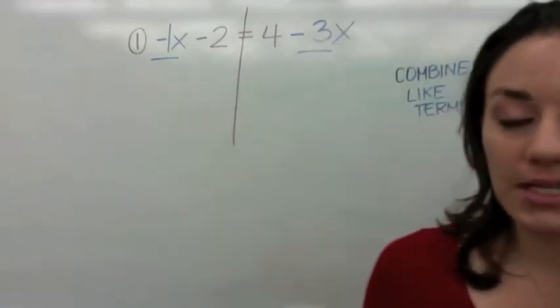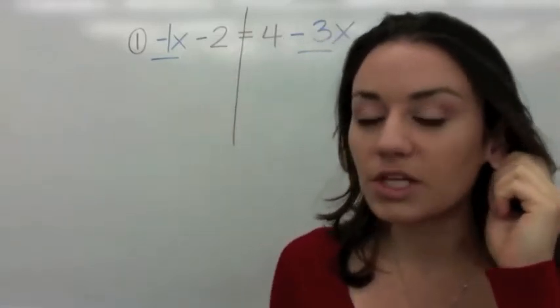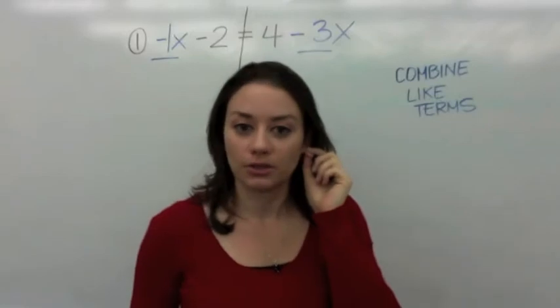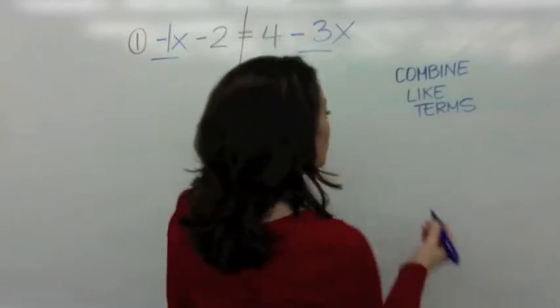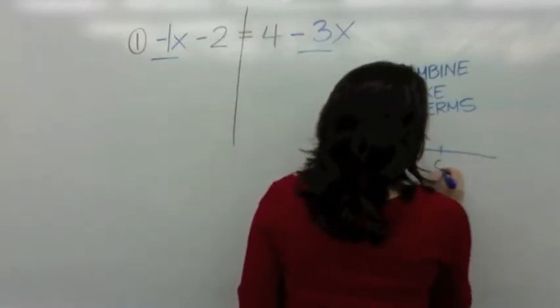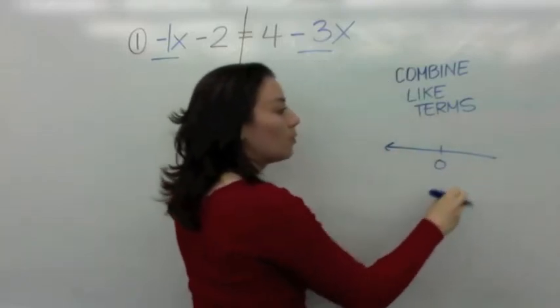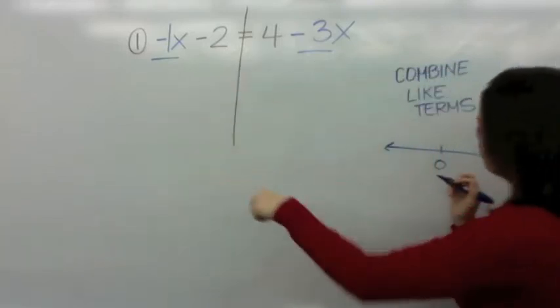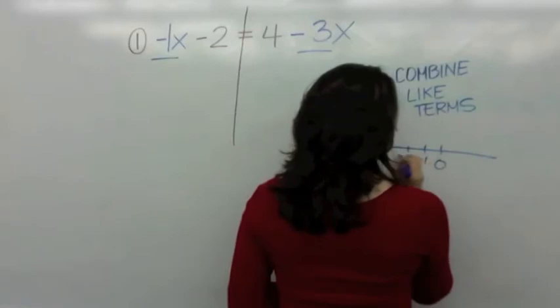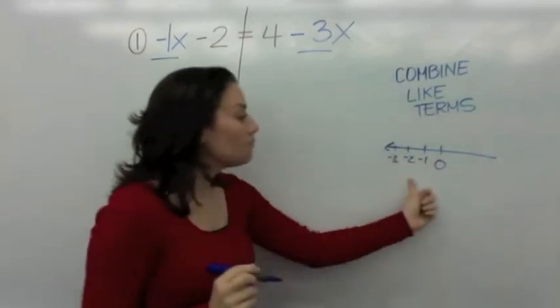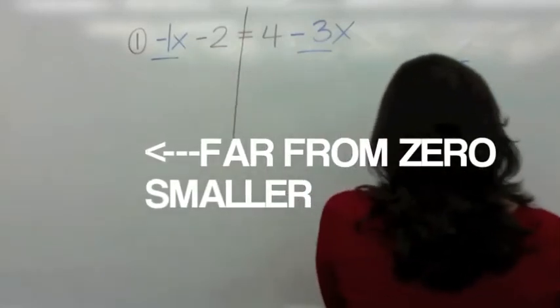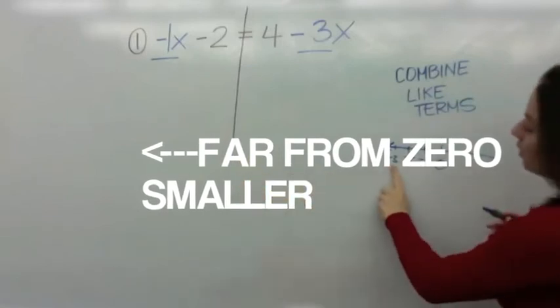The easiest way to think about this is which number is smaller. And when you're talking about negatives, this is kind of a tricky question because when you go negative to the left, you have negative 1, negative 2, and negative 3. So when it's far from 0, it's actually smaller.